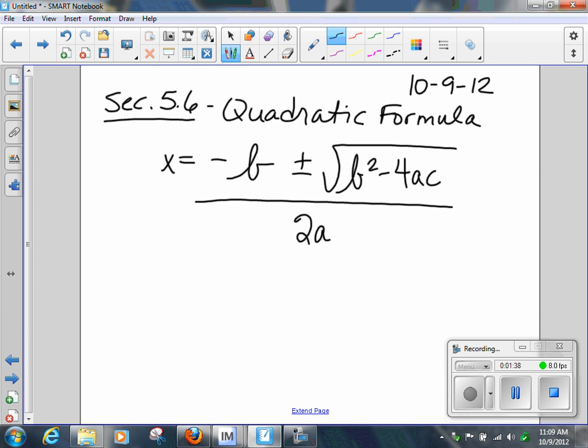Where does the a, the b, the c come from? Where ax squared plus bx plus c equals 0. Notice that your leading coefficient is your a value. That middle term, that coefficient of your x term, is your b.